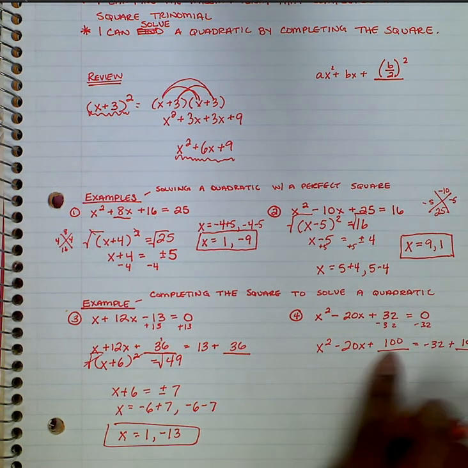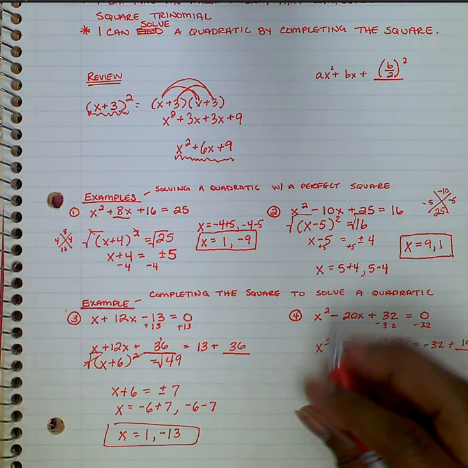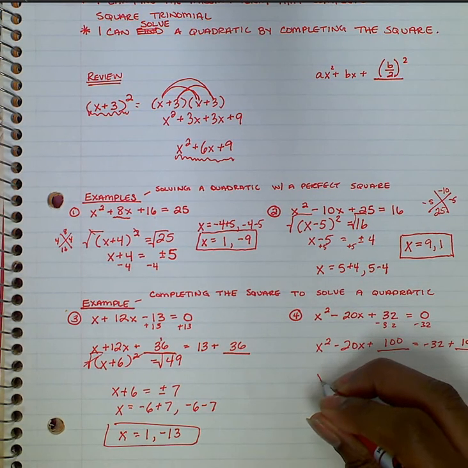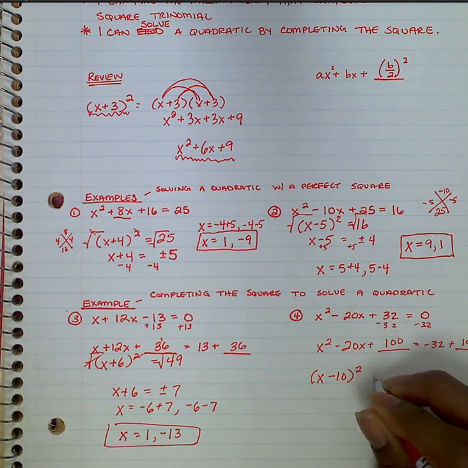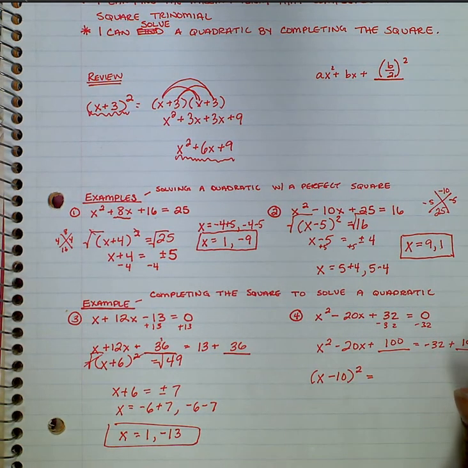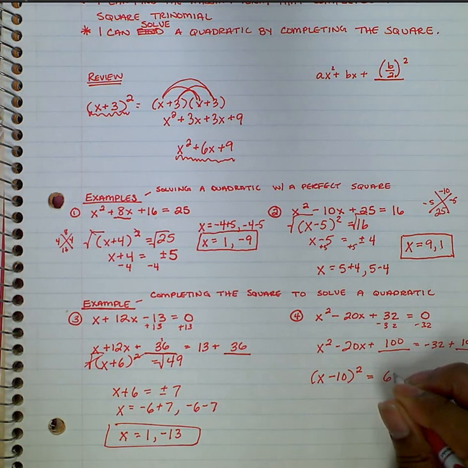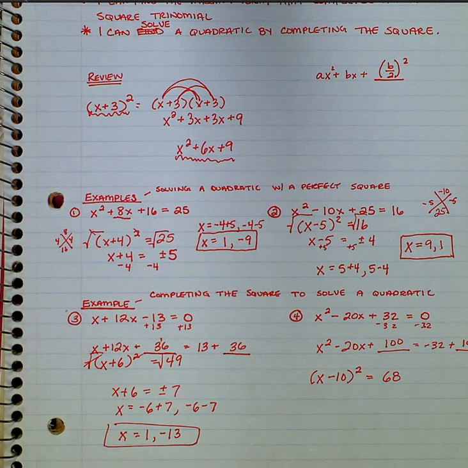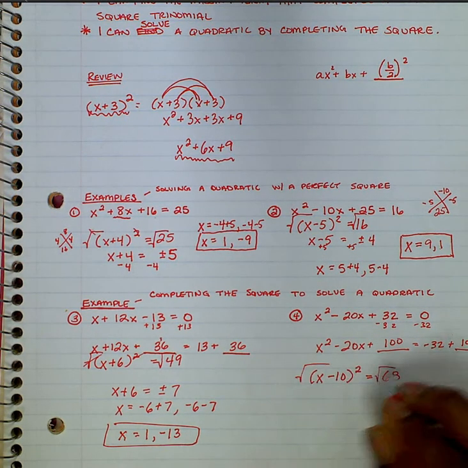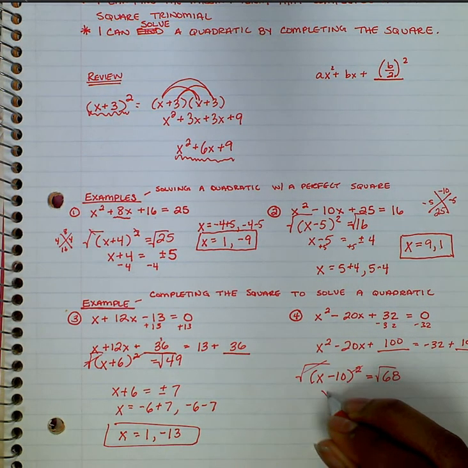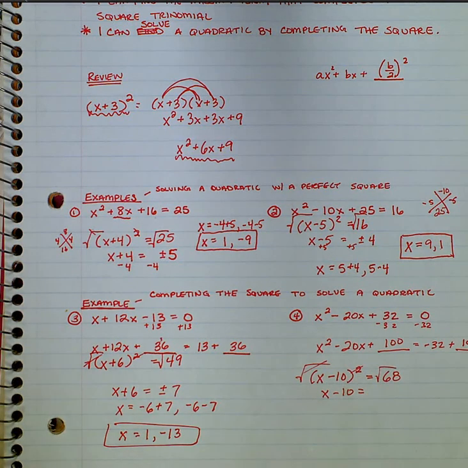Alright, so here we go. We completed this square. We used the number negative 10, so I have x minus 10 squared equals negative 32 plus 100, which is 68. Sweet. Okay, and now I'll take the square root of both of these. So I have x minus 10 equals radical 68. I'm going to use my calculator.